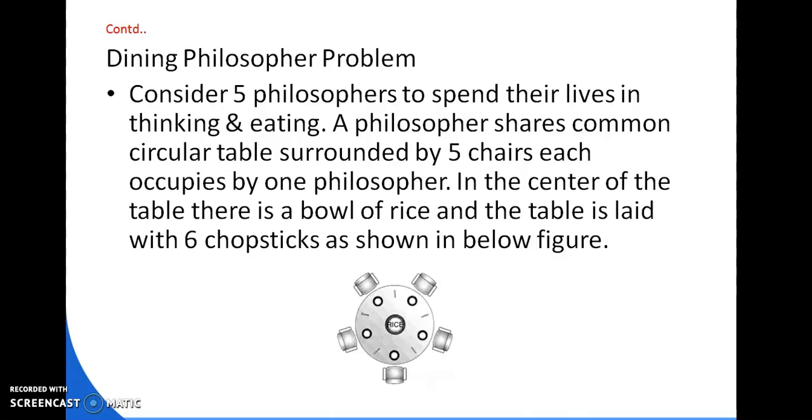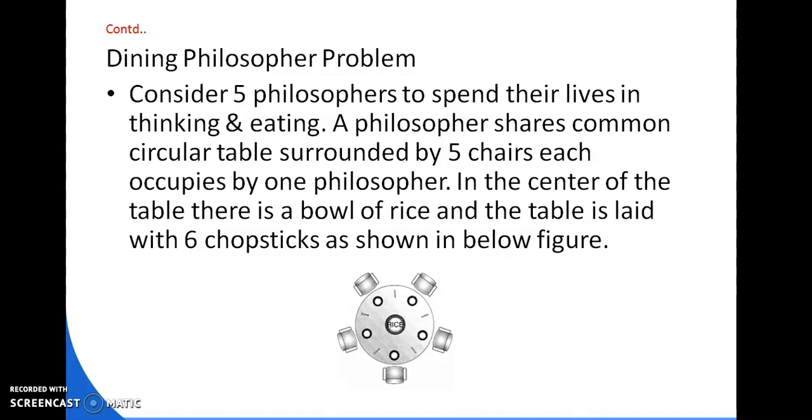The next one, the most important, is the dining philosophers problem. What is the dining philosophers problem? Consider five philosophers who spend their lives thinking and eating. Very interesting concept.